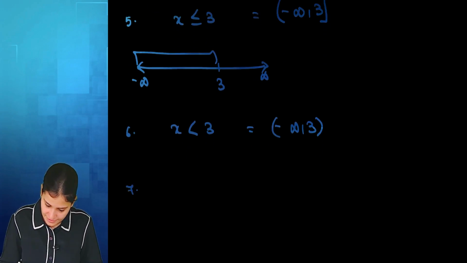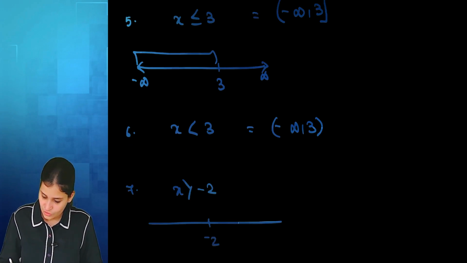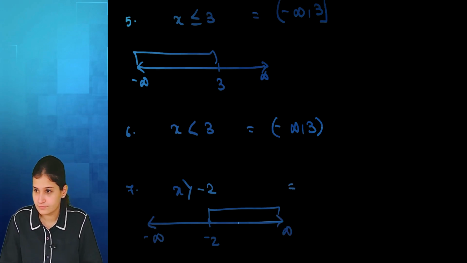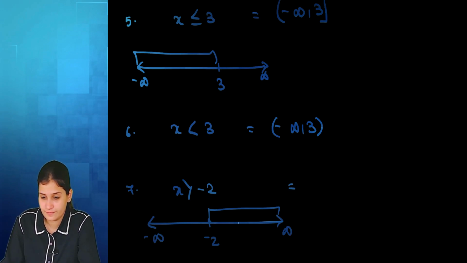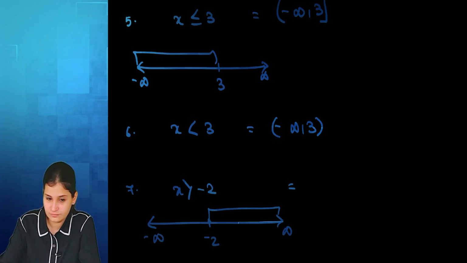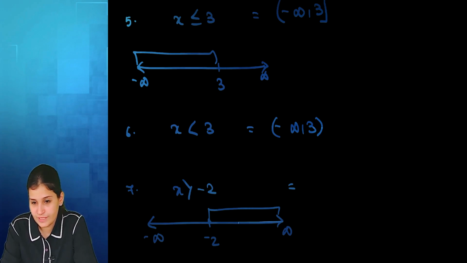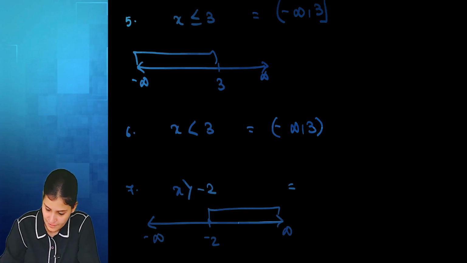If I say x more than minus 2, so right side of minus 2, what should I write? First minus 2, then infinity.